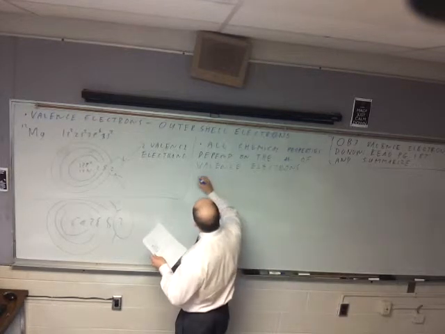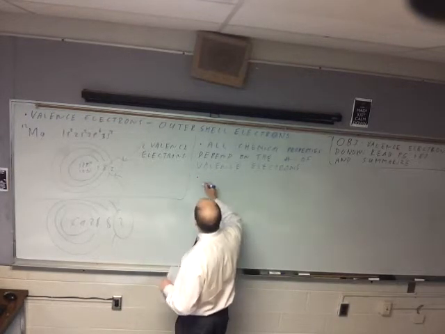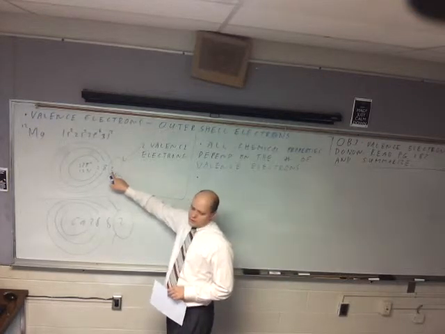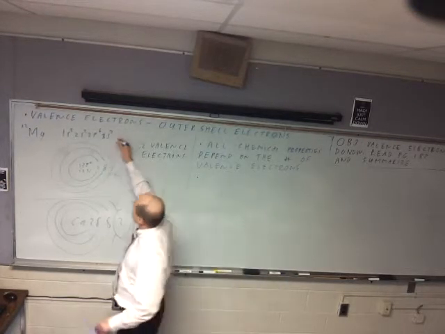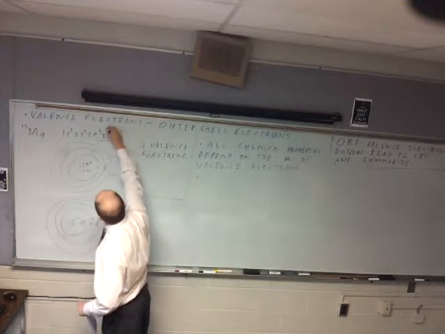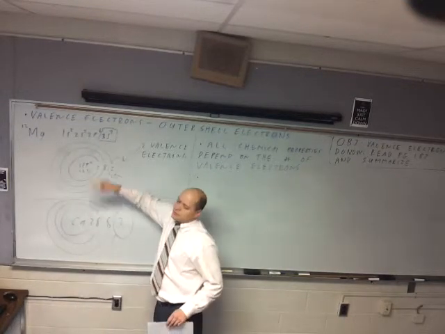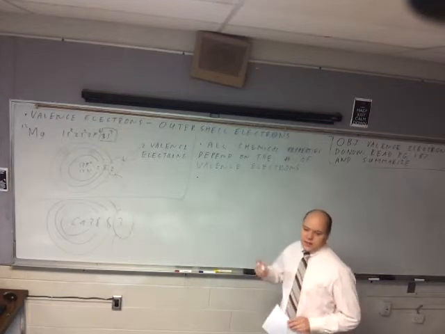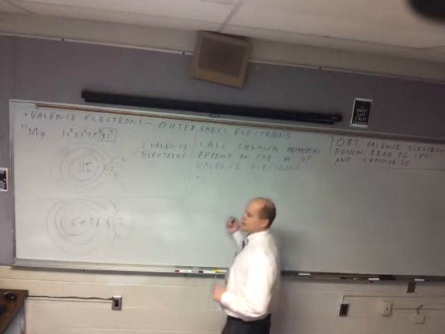Okay, one last thing. If you want to calculate the number of valence electrons, of course you can draw it. The other thing you can do is look at the electron configuration. You find the highest number, which is 3 in this case, the third shell, and then you just find the number of electrons in the s and p orbitals of the highest number.